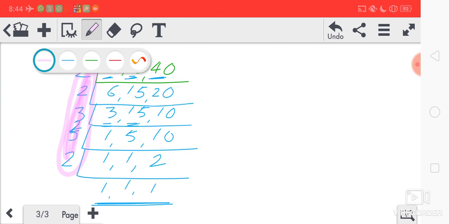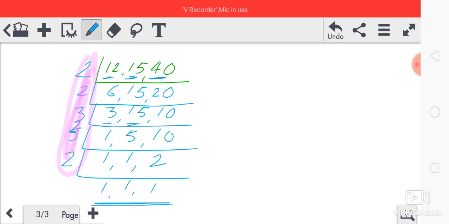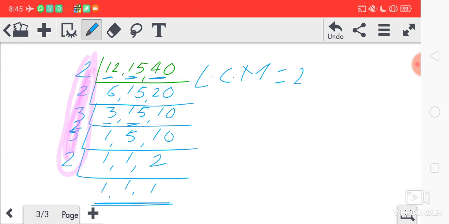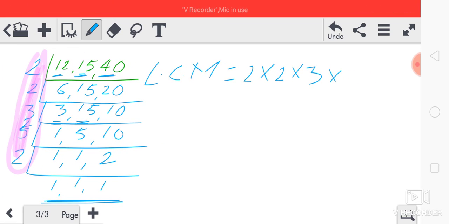Okay. So we'll write LCM as what? LCM is equal to 2 into 2 into 3 into 3 into 5, then into 2.